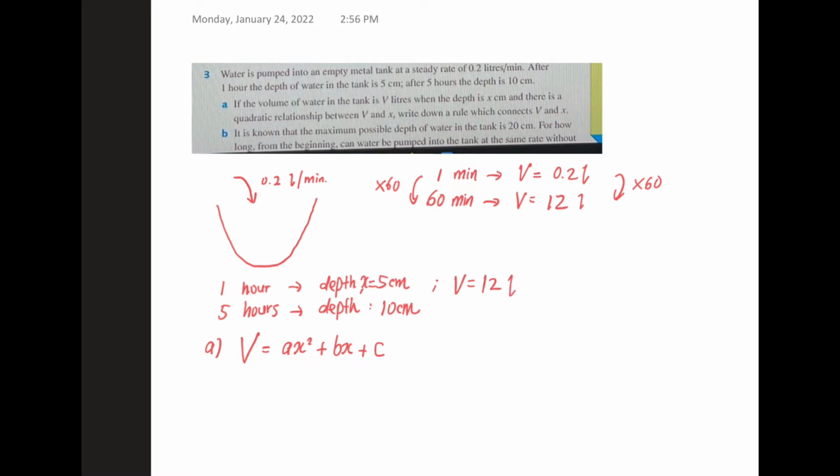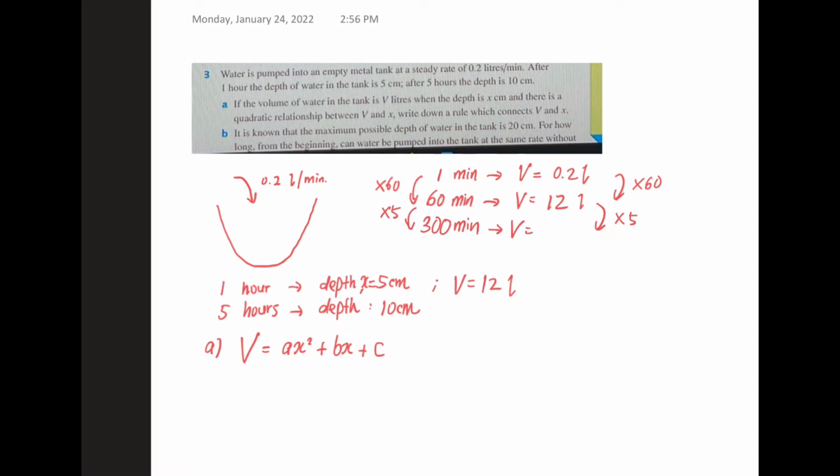Now that's the first part. The second part is 5 hours. We know 5 hours is basically 300 minutes, 60 times 5. If we times 5 on the left, we need to times 5 on the right.